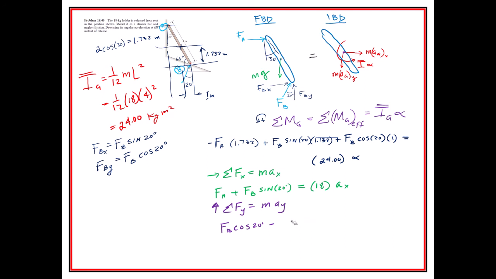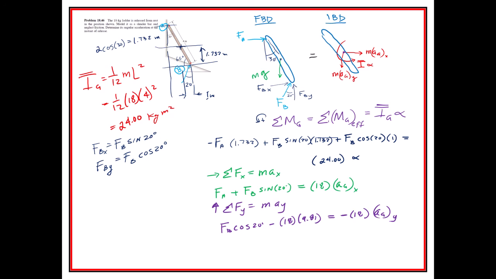Which we were throwing numbers in here, so we'll do it anyway. 18 times 9.81. And that's going to be equal to negative 18 times A. I should have put this AGY. I should have labeled him correctly. AGX.